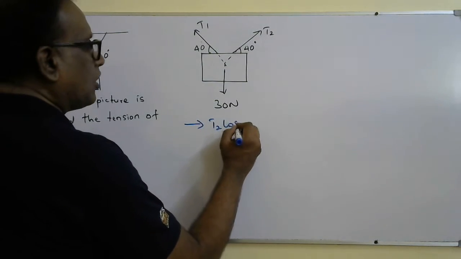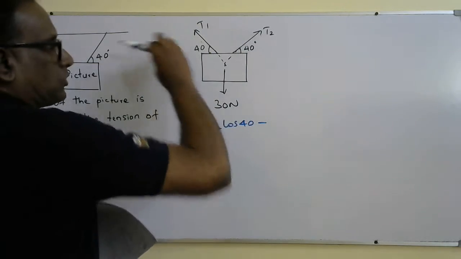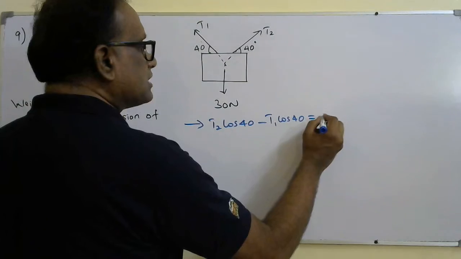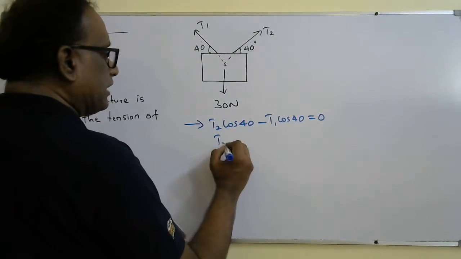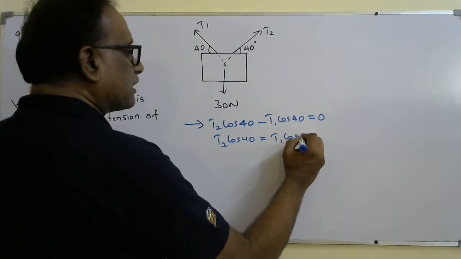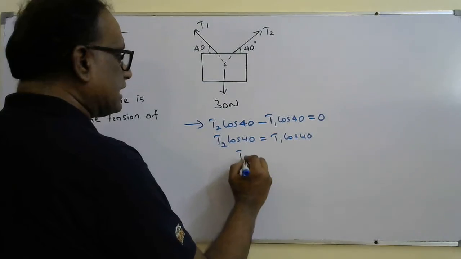T2 cos 40 minus T1 cos 40 equal to 0. So T2 cos 40 equal T1 cos 40. The cos 40 will get cancelled, so T1 equal T2.